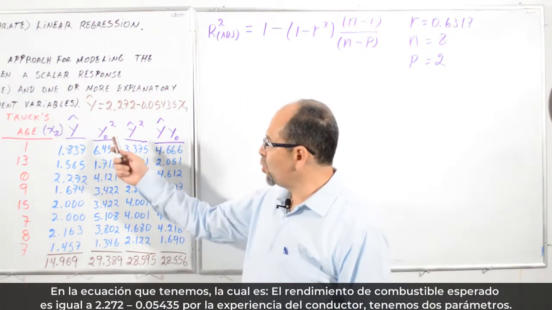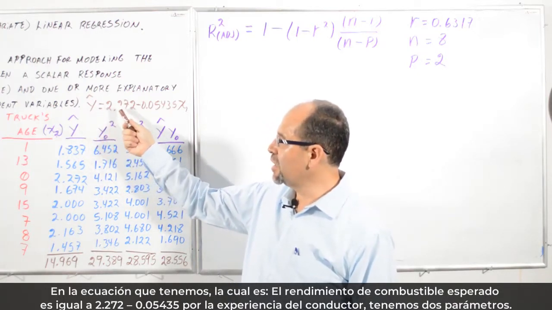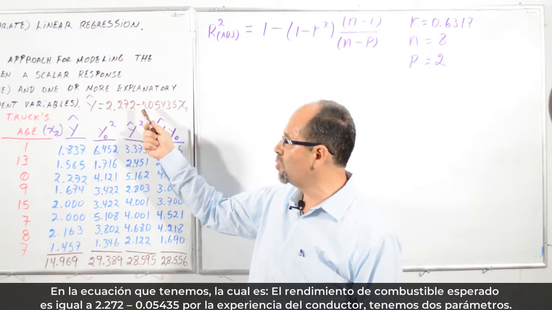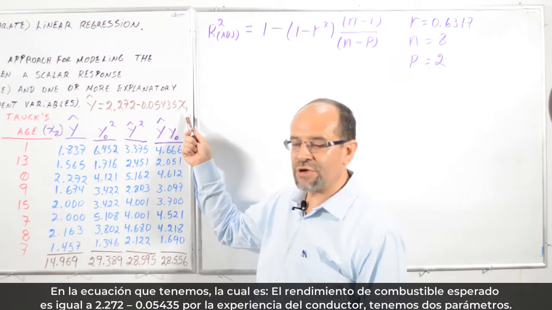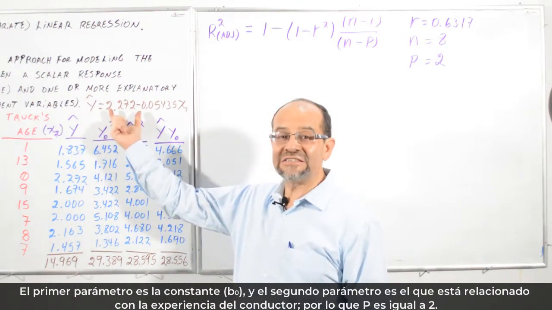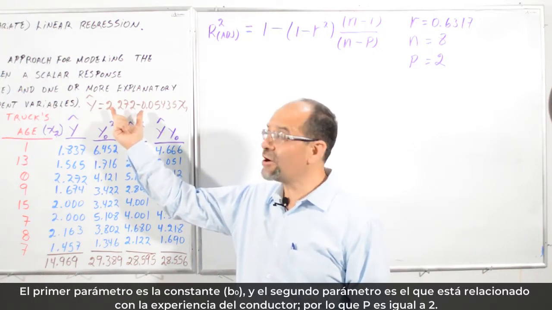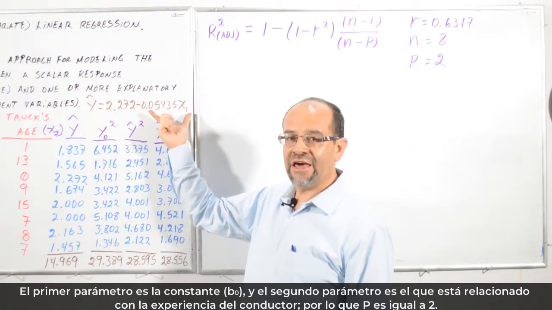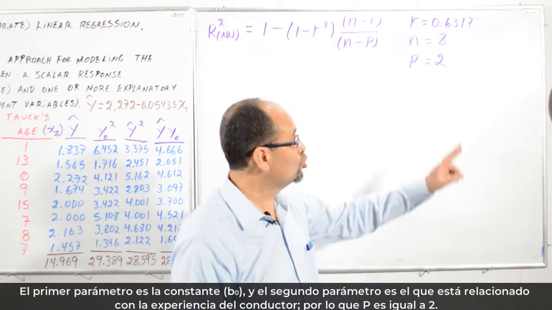In the equation that we are having, which is the expected fuel efficiency equal to 2.272 minus 0.05435 driver's experience, we are having 2 parameters. The first parameter is the constant, which is this value. And the second parameter is this one, which is related to the driver's experience. So P equal to 2.